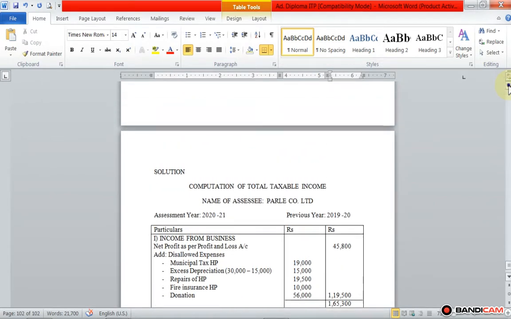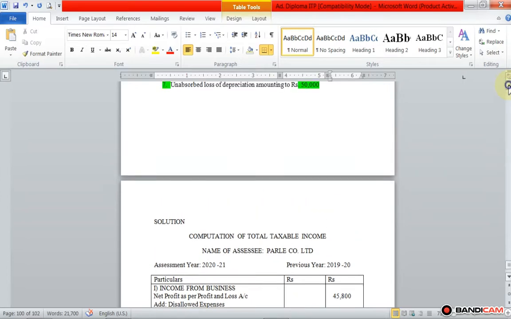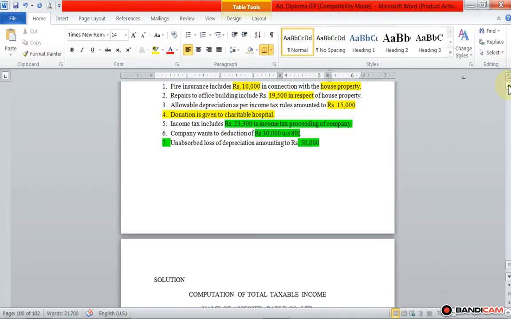So here remember this format and problem for computation of total taxable income of companies as well as tax liability of companies. The tax rate for computation of tax liability as per income tax rule is 25% for a domestic company and 40% for a foreign company.